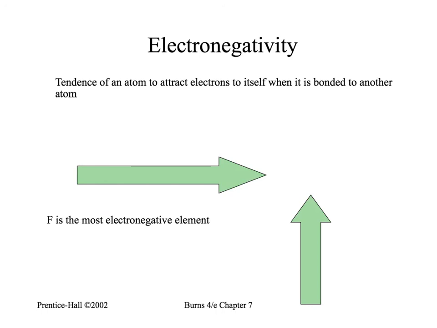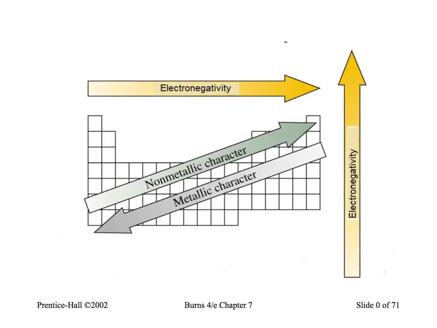Electronegativity is the tendency of an atom to attract electrons and keep them. Which element is the most electronegative? It is on the other side of the periodic table. Fluorine. Fluorine is the most electronegative element in the periodic table.